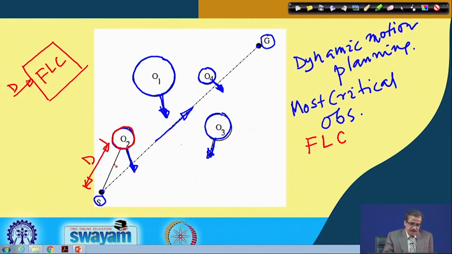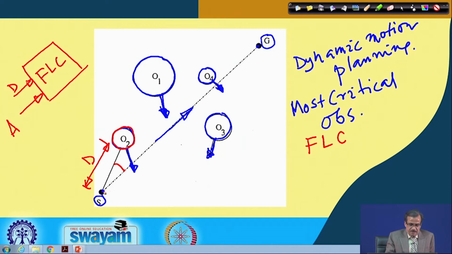So, this angle is another input, denoted by A. Then we have to find one output of the fuzzy reasoning tool. That output could be the angle of deviation to avoid the collision with the most critical obstacle.